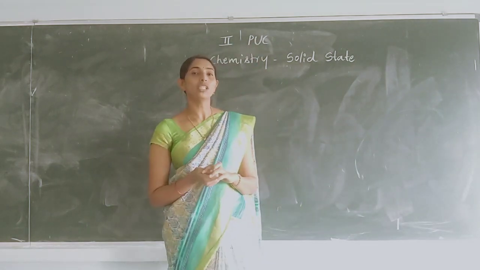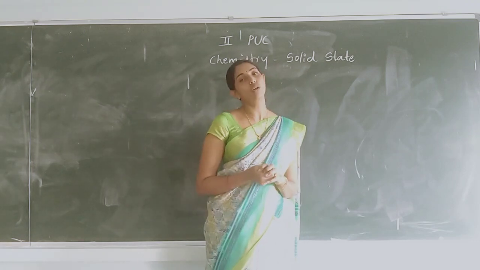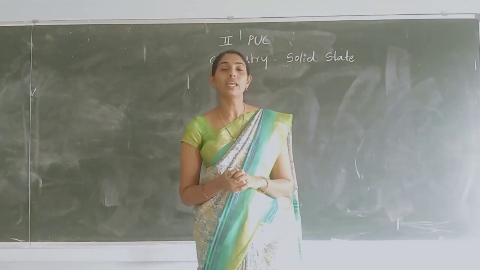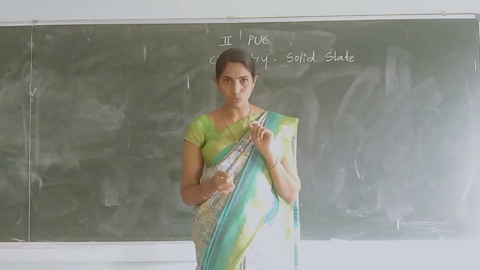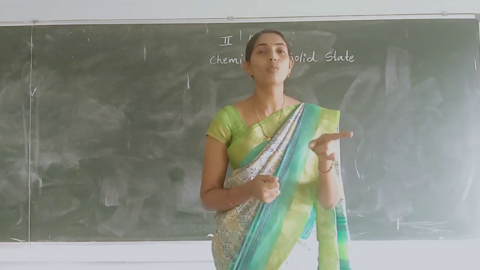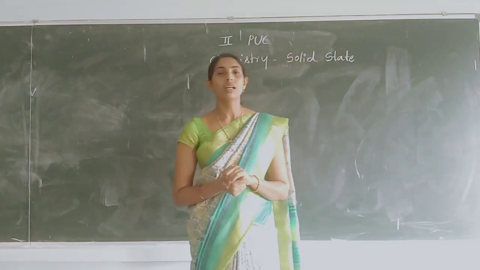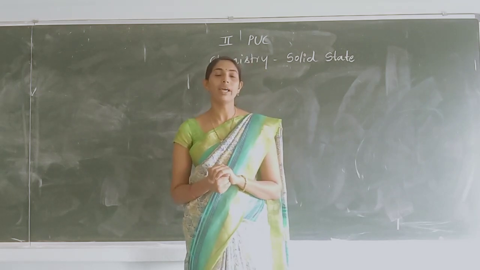During the arrangement, we also studied the coordination number. During close packing in one dimension, what is the coordination number? Yeah, it is 2. And during close packing in two dimensions, there are two possibilities. One is square close packing, and one more is hexagonal close packing, right?